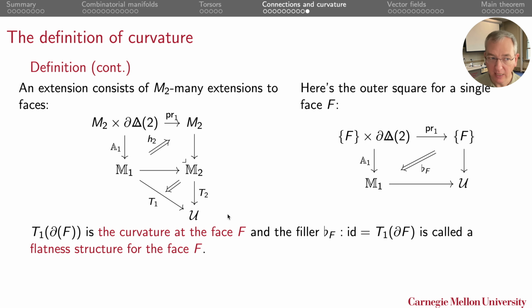So for us, it's defined only at one face. So holonomy, while more general, can also be computed just around a face locally. That's called the curvature. And then this filler of this diagram, which is a proof that that curvature is trivial, is called a flatness structure for the face.